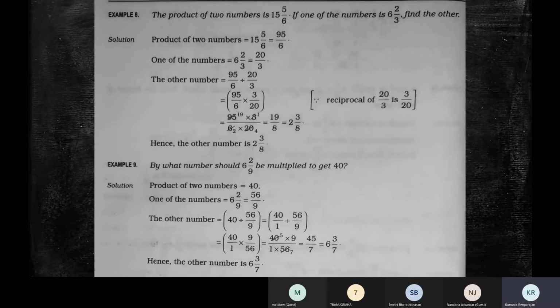I'll just give you 2 minutes time. Just see the answer, children. Go through the steps.